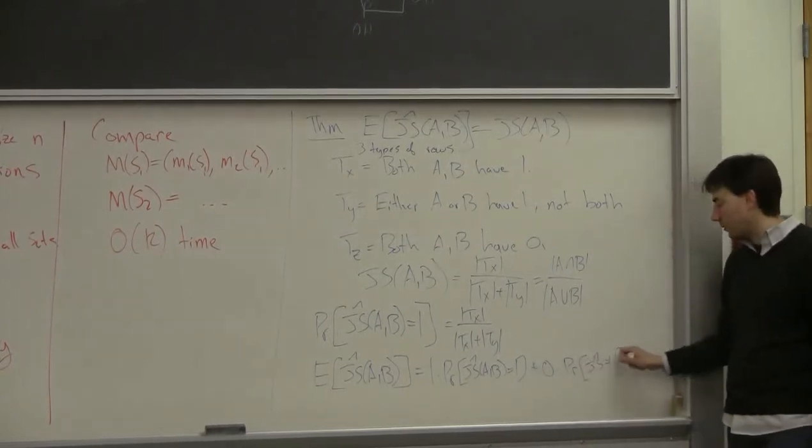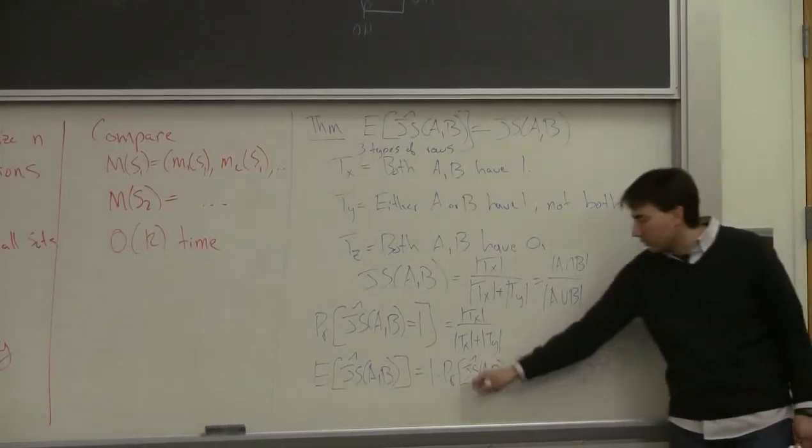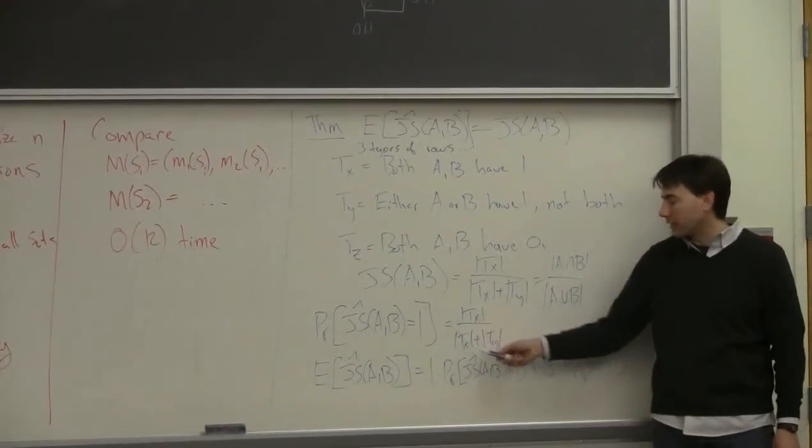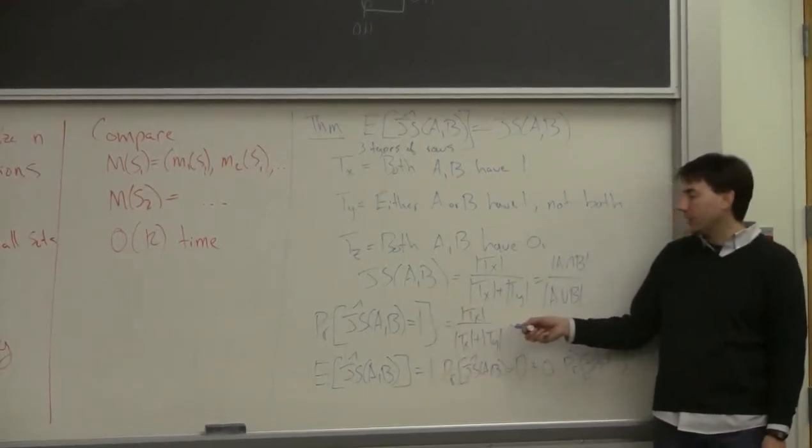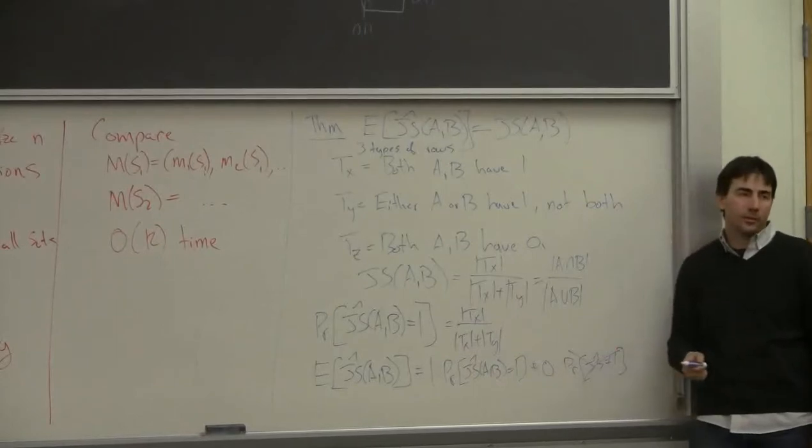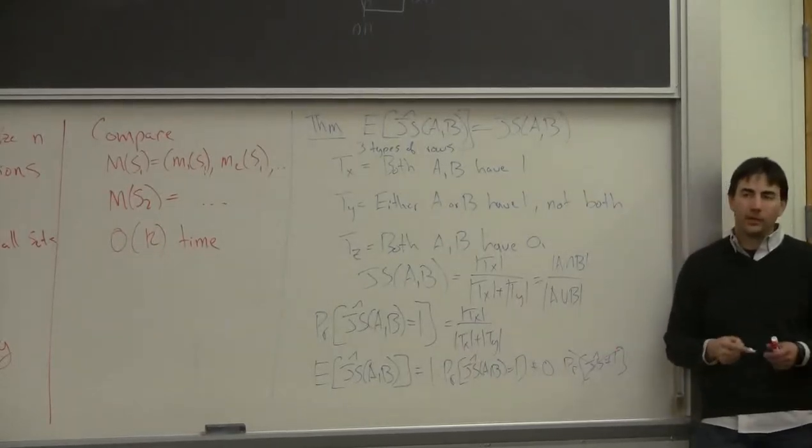It doesn't matter what that is. I just need to look at this probability times 1. So the expected value is exactly the Jaccard similarity. Does that make sense?